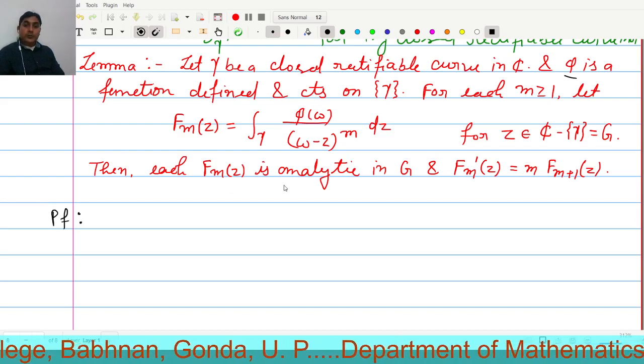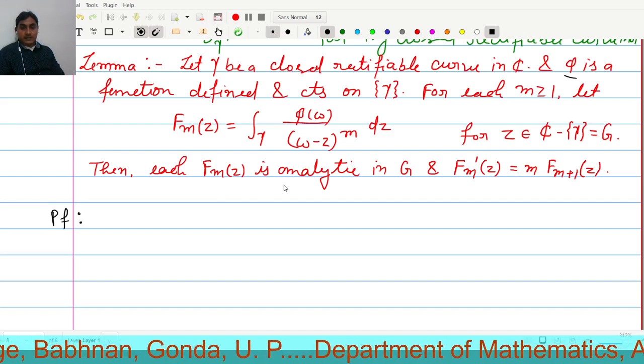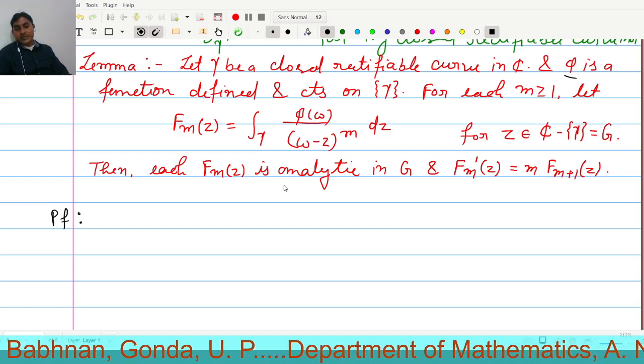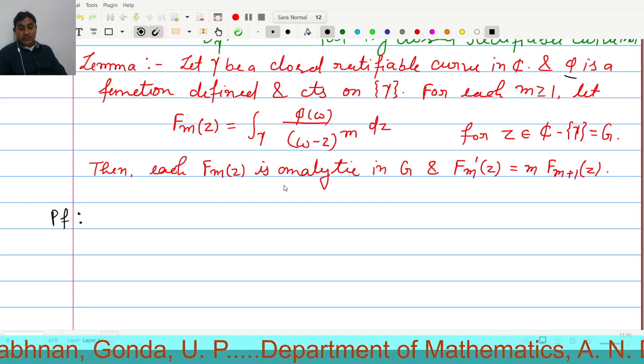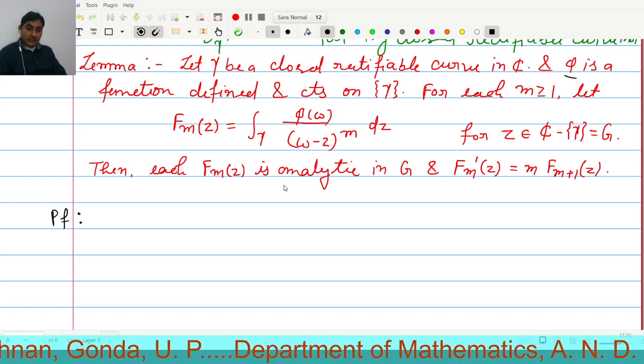Before proving F_m is analytic, we initially prove that F_m is continuous.